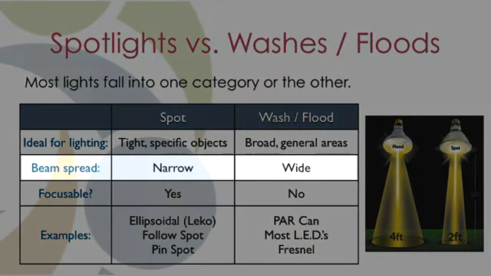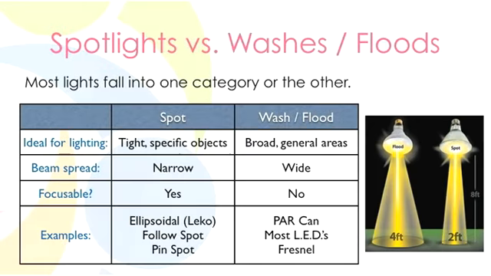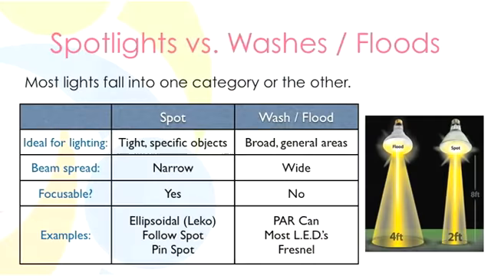Beam spreads are essentially wide for wash fixtures and tight or narrow for spotlights. Focusable, by this I mean that a wash fixture is a very open light. It can't be shuttered so easily, whereas a spot fixture can be very tightly focused, shuttered, very specific.